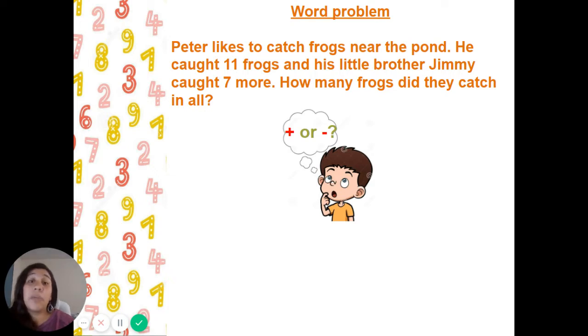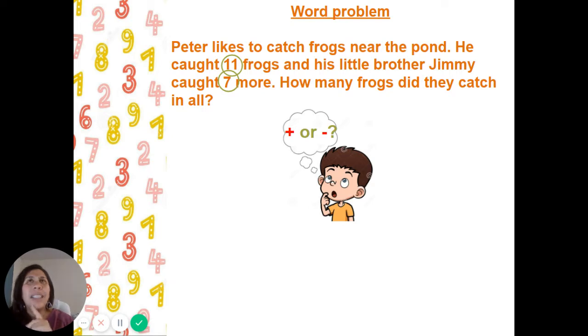So the problem is about Peter. He caught 11 frogs. Oh, that's a number. We need to pay attention to this number, 11 frogs. And his little brother, Jimmy, who is another character in this problem, caught 7 more. That's another number. We need to pay attention to this number, 7.